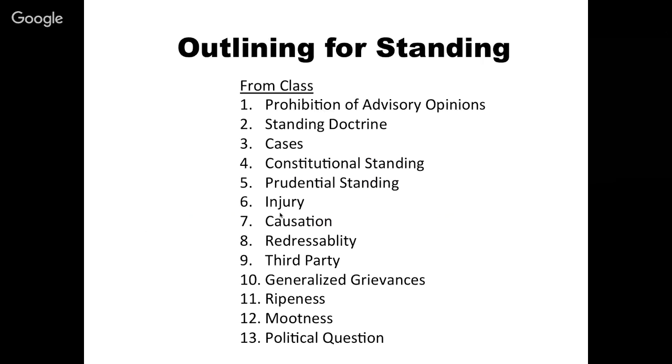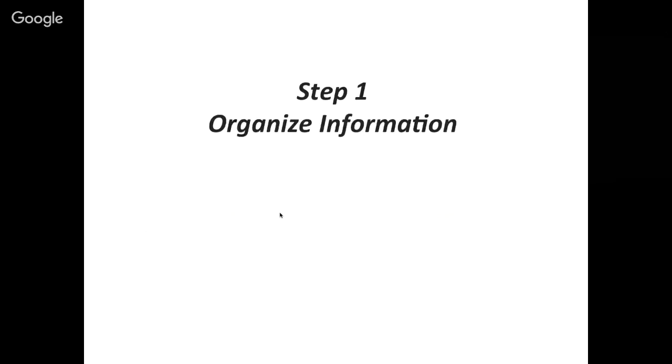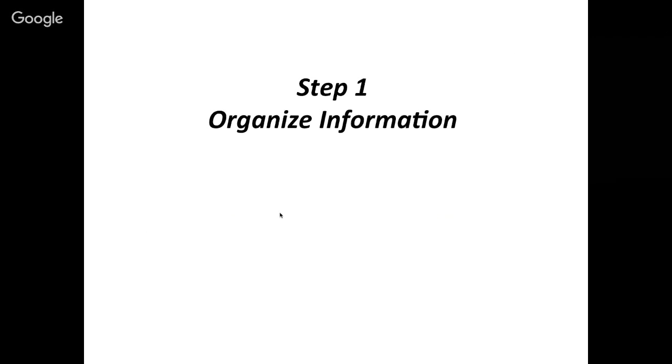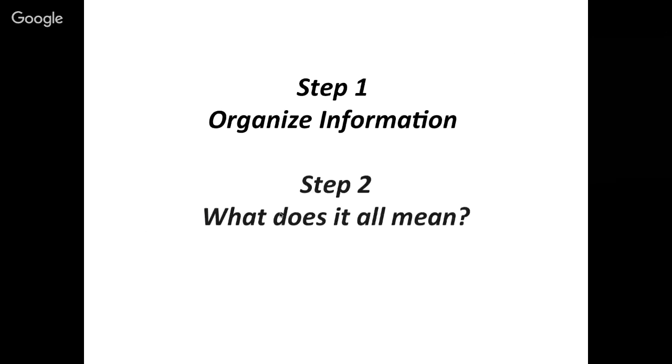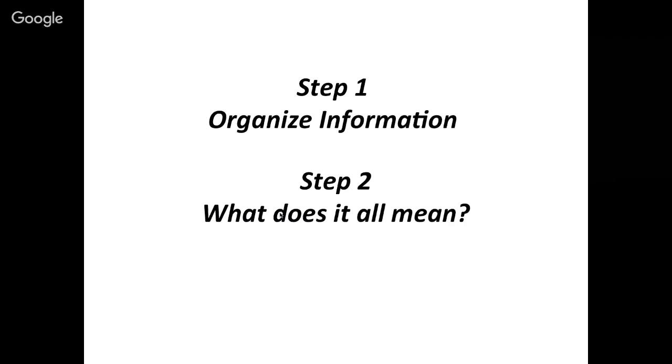First, we're going to see how we can make this information more manageable, so it can help us in our study aid and eventually on the midterm. The first thing we're going to do is organize the information, and I'm going to show you a couple of tips on how to do that. The second thing is to put things together so we understand what it all means. Because that's the problem: now we have the information, but what does it mean?